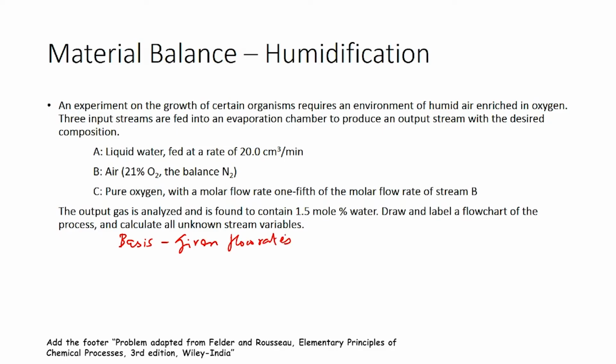Now, let us try and draw a flow chart for this system. So, this is a humidifier which has 3 input streams and 1 output stream.